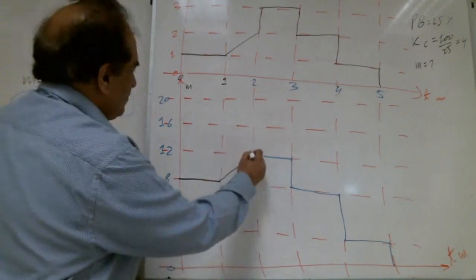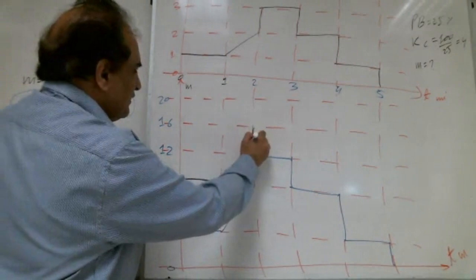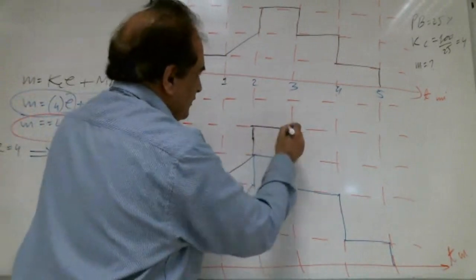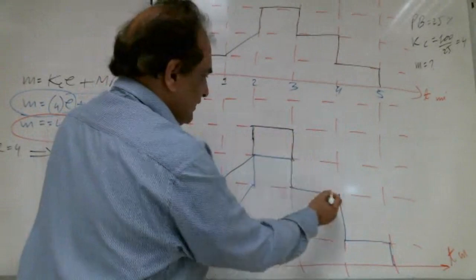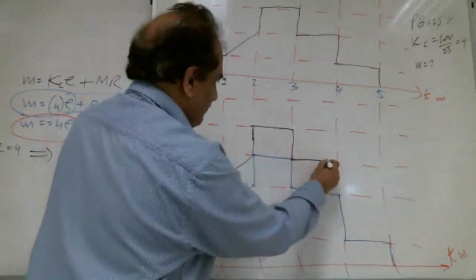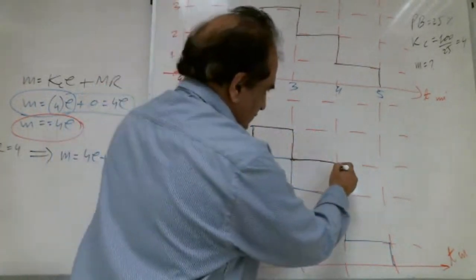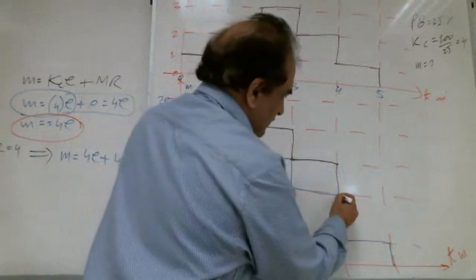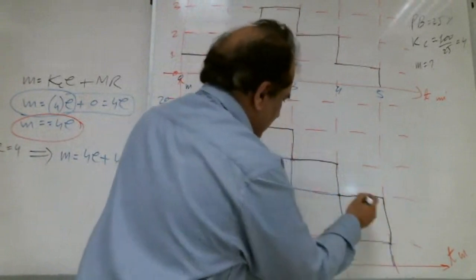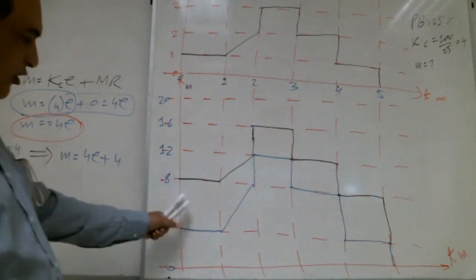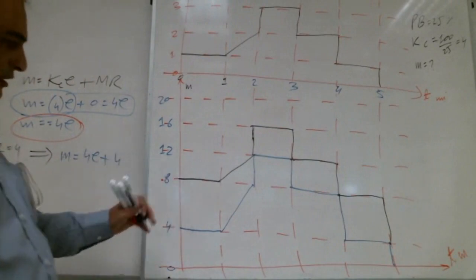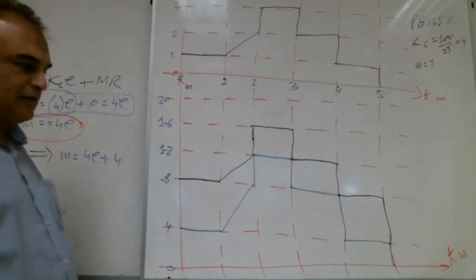Then here it is 12 plus 4, 16. Then here it is again 12, add 4, then here 8, 12. Then here 4, here 4. Everywhere, wherever the output is without MR, just add 4. Are you with me?